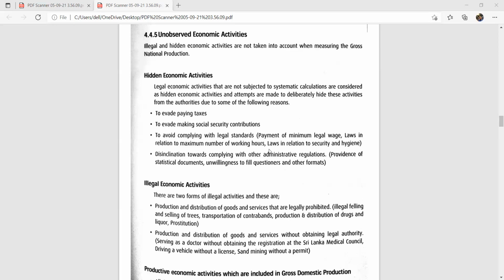Then law in relation to security and hygiene. Security and hygiene are also very important. Employers are supposed to provide all the requirements when workers are going to do a particular task. They need a proper uniform if they are working at a particular place, as well as hygiene facilities.